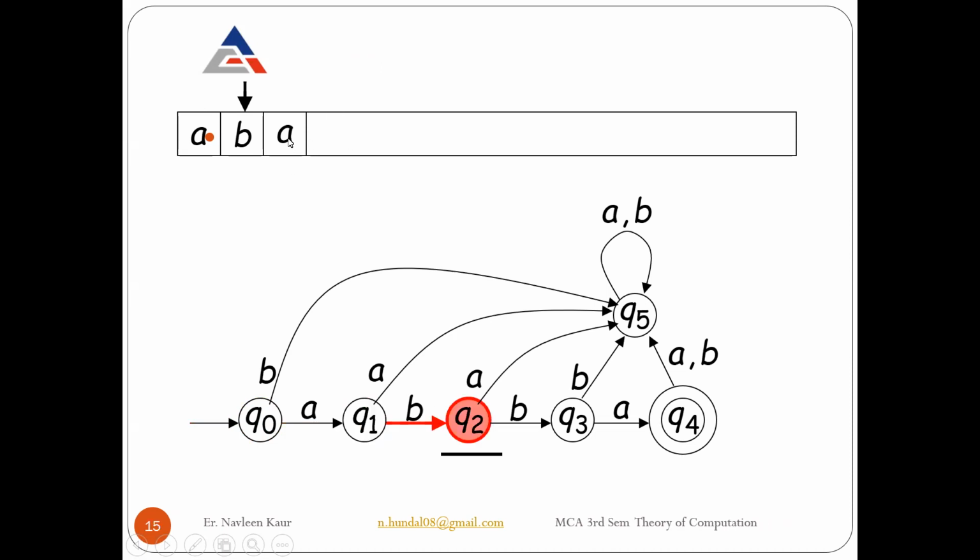When the last a is processed, can you see this a is taking me to Q5. After that there is no string left to be processed. It means my final state is Q5, which is actually not the final state. The final state is Q4. So this string is not taking me from the beginning state to the final state.